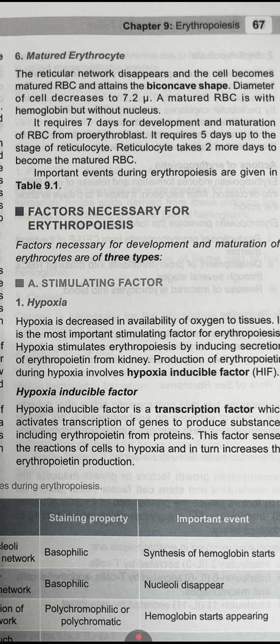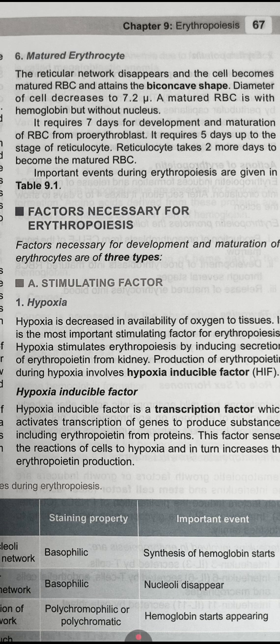Biconcave shape means a concavity is present from both sides in the center.